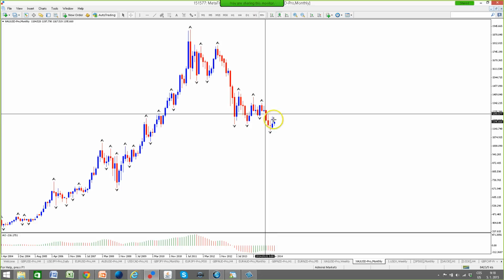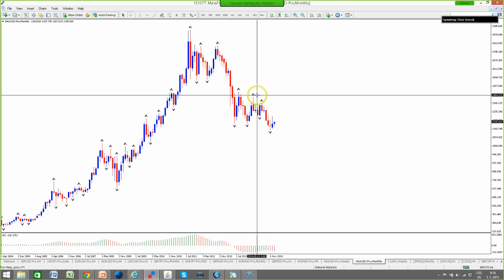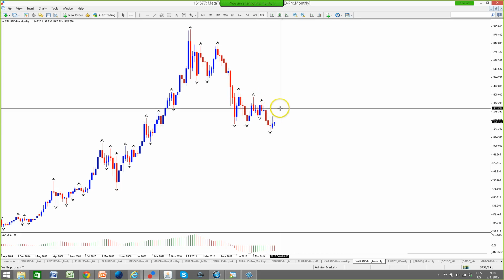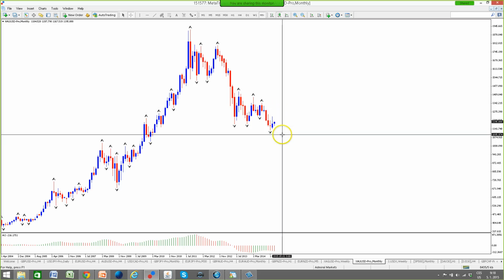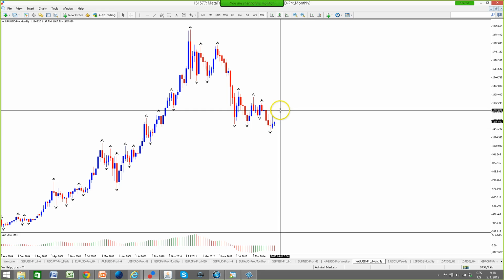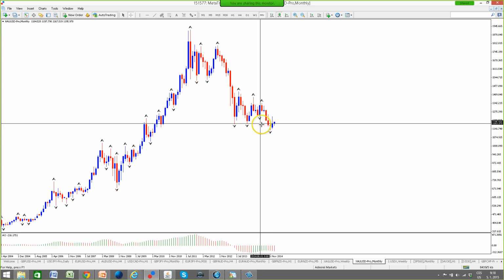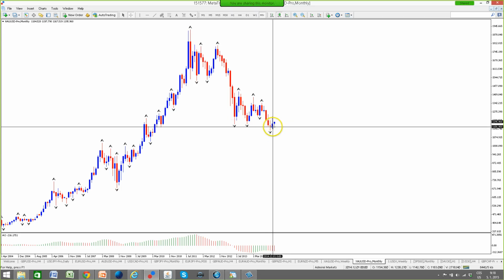Ultimately, we are still in a downtrend, and anything below 1340, 1350 is still in a downtrend. And anytime the price gets close to that, it could still be a very interesting level to look for more bearishness and a further fall, perhaps, from that zone. At this point, I really don't have any preference. Last month was a bit of a wick at the top, but also ended bullish.